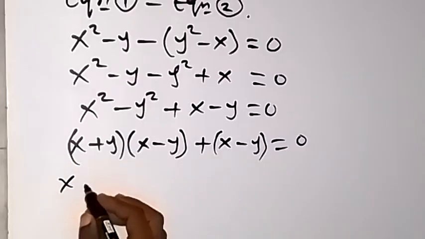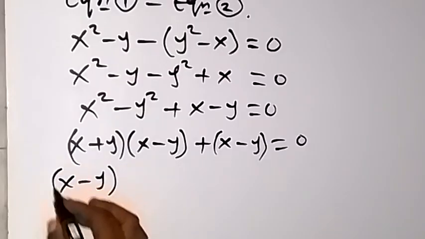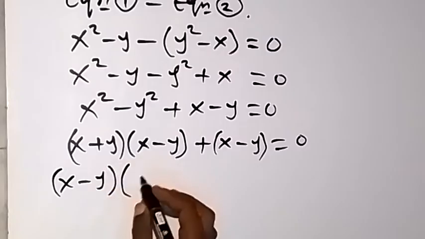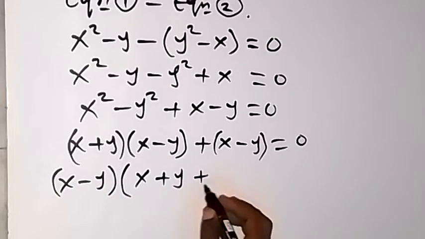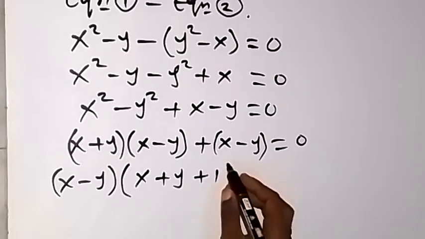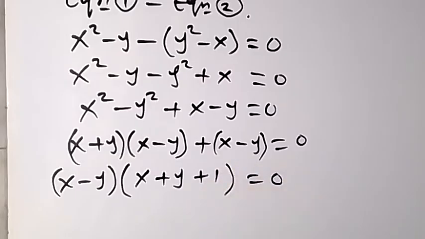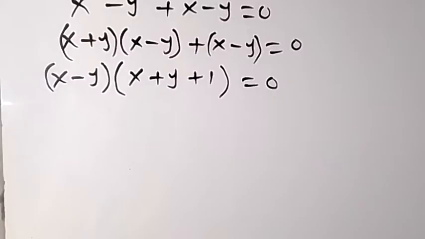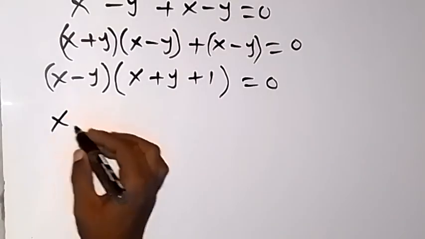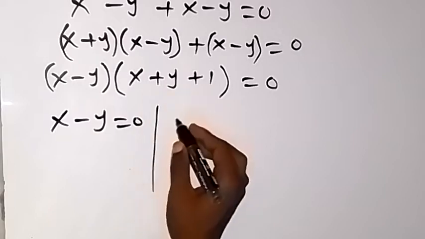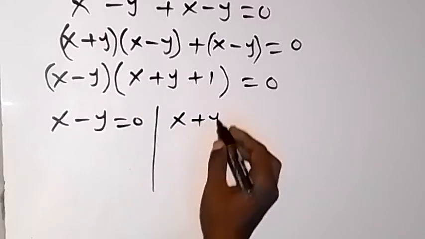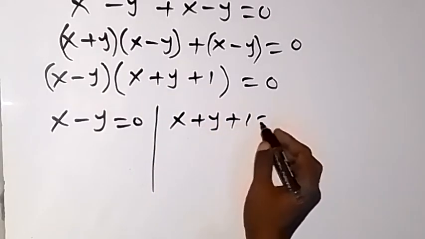So when we take x minus y out, it remains x plus y, then plus 1 here, which is equal to 0. Now, the two possible cases here: we have x minus y equals 0, and also we have x plus y plus 1 equals 0.